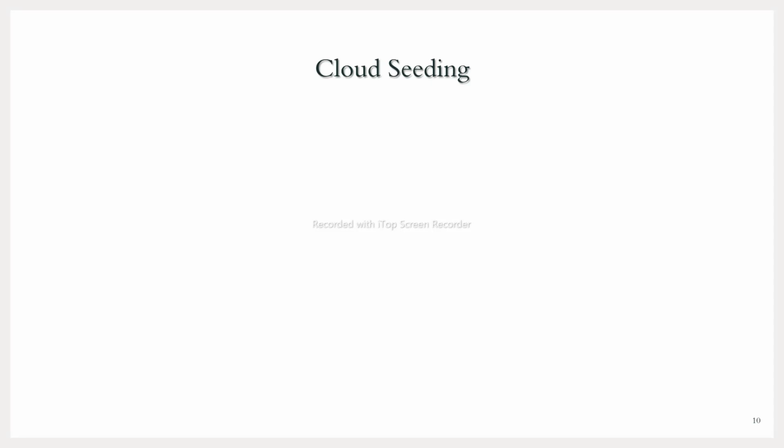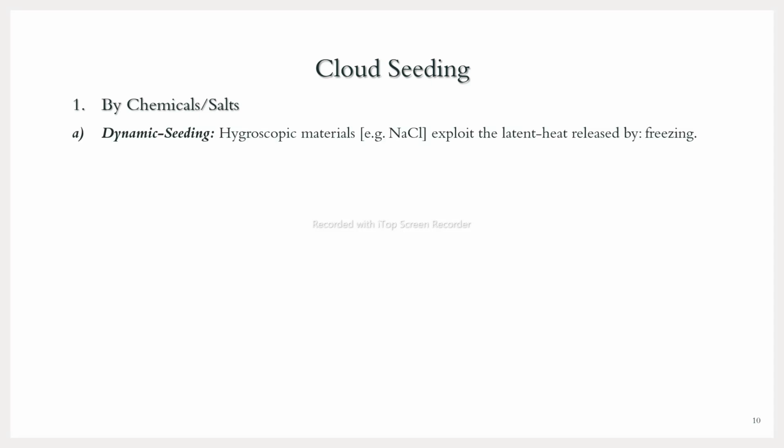and cloud seeding can be done in a variety of ways. The most common method is obviously by chemicals or salts. As I told, within chemical seeding there can be two types. I couldn't remember the names.